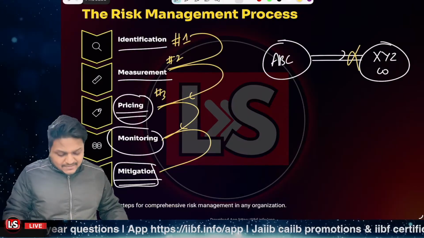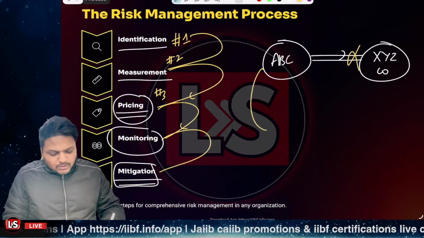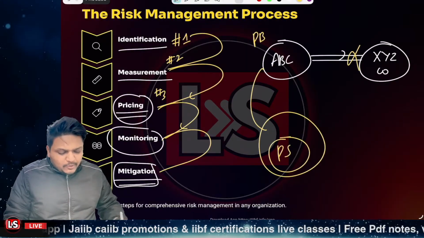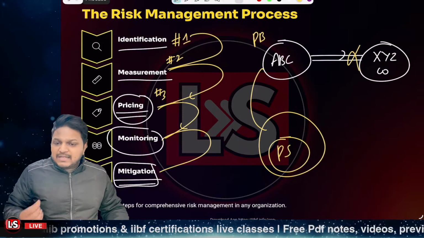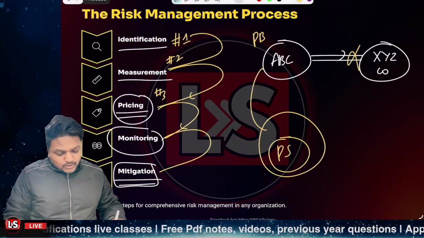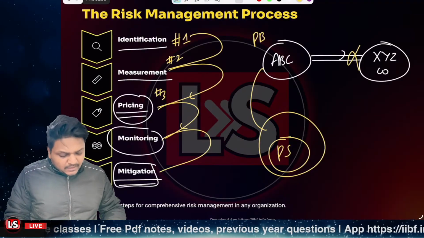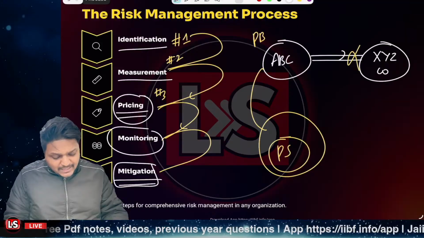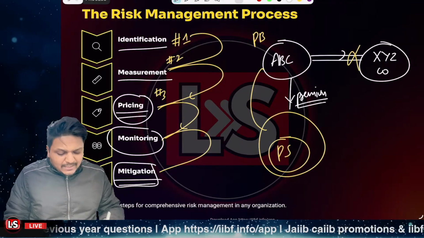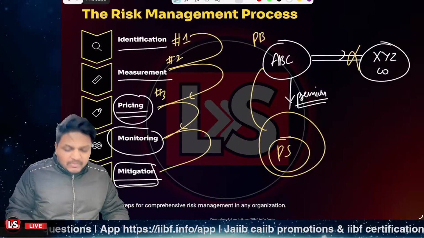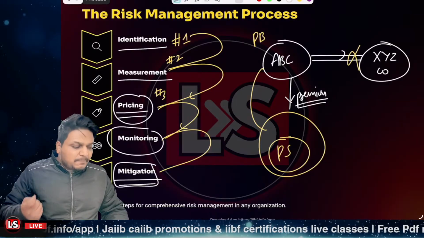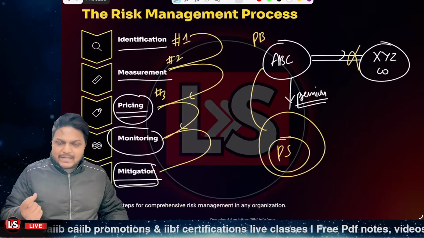In that scenario, ABC bank, which is the protection buyer, will go to the protection seller and buy protection, a CDS, that is a credit default swap, so that if there is any default, the loss will be made good by the protection seller, right? For that, ABC is to pay a premium to the protection seller. So ABC is the protection buyer and PS is the protection seller, and the bank is to pay some amount as a premium to the protection seller so as to get some protection.